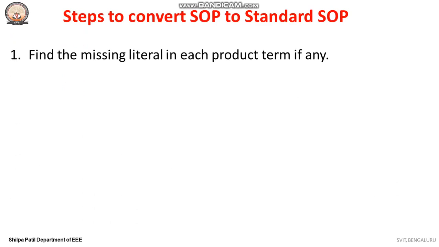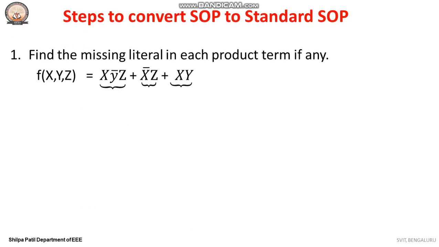First, whenever the expression is given, we are talking about SOP, so look at all the product terms. If the product term has all the variables, no problem. If any product term is missing a literal, find it out. So that is the first step: find the missing literal in each product term, if any.